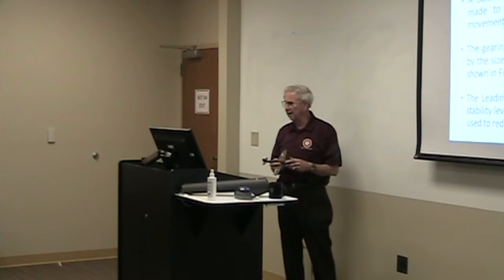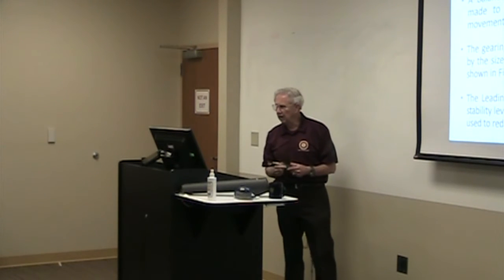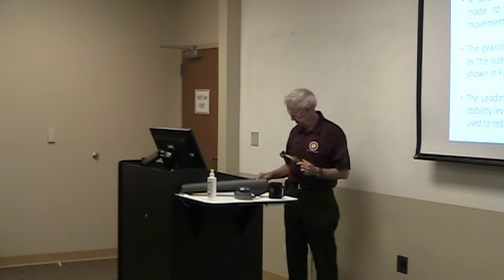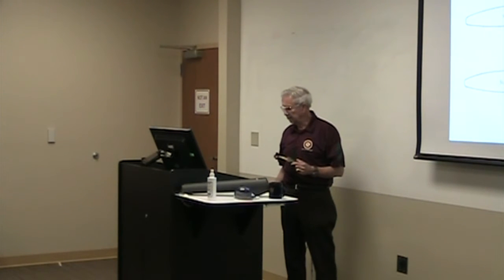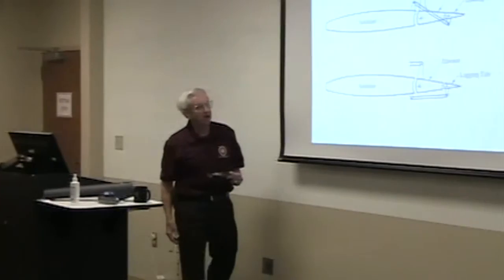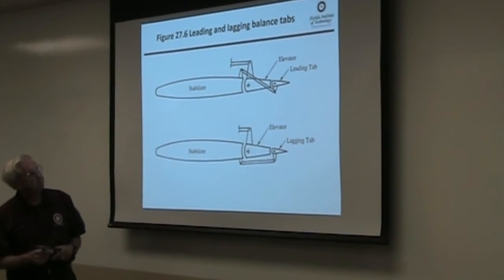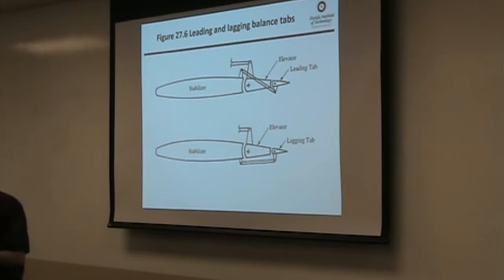It's a geared tab that can be made either to lead or lag the elevator movement. Let's take a look here. Here's kind of how you do it in simple-minded mechanics. It's a leading tab up there on top, so you can do this on an elevator in addition, a stabilizer elevator arrangement in addition to just an all-flying tail or stabilizer, okay?